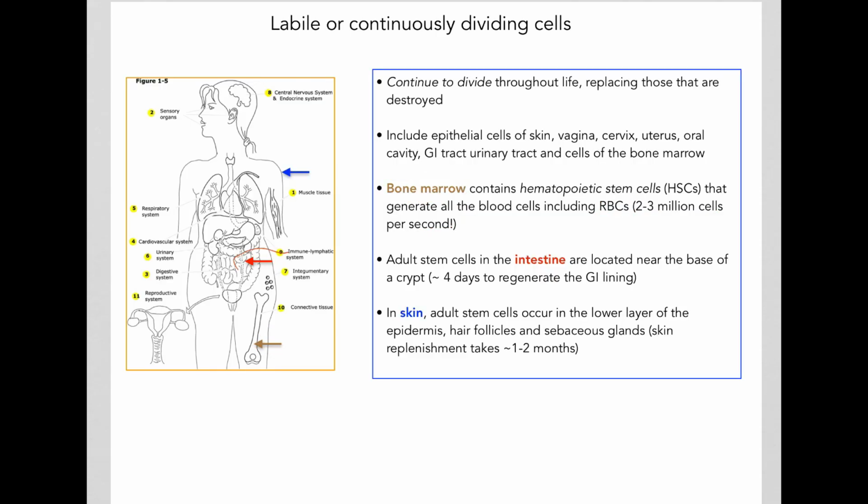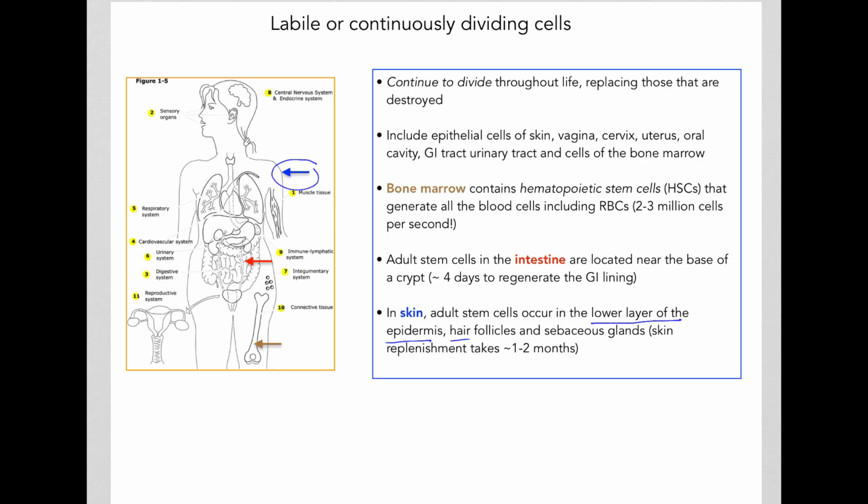In the intestine, the adult stem cells, which are located near the base of the crypt, divide quite rapidly. It takes about 4 days to regenerate the whole GI lining. And then in the skin, we have adult stem cells that are found in the lower layer of the epidermis.